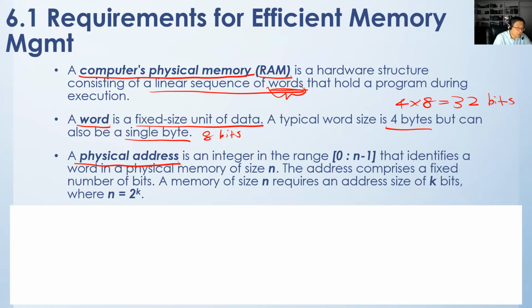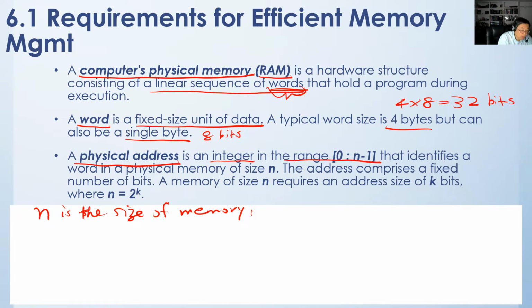Now, the other concept, the physical address, is used to identify the location of each word. The physical address is an integer in the range of 0 to n minus 1. Now, what is n? N is the size of computer memory. If I say computer memory has a size n, it means that memory contains n words.